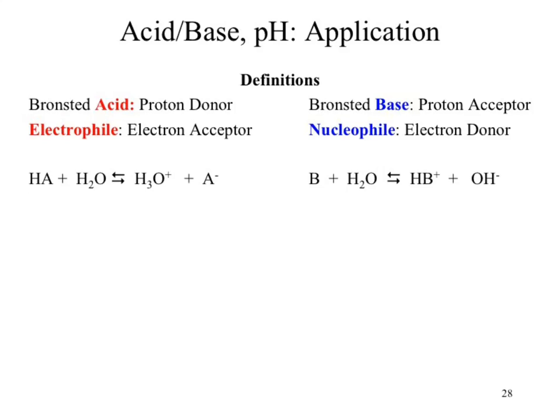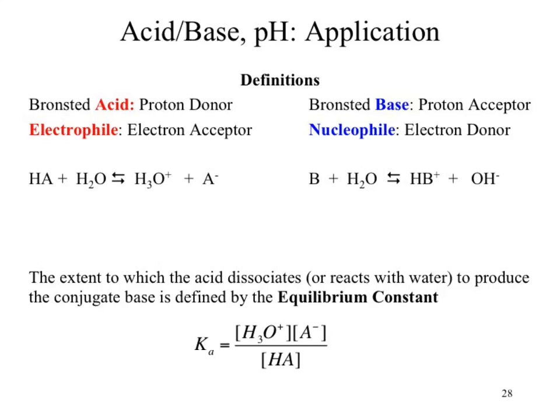So we got our definitions for our Bronsted-Lowrys. Nucleophile, electrophile, we can kind of ignore, at least at this point. When we start talking about the biochemical reactions, we'll come back to that. Within each of these, we could go through and look at these as Kas or Kbs. The A would stand for acid. The Kb would stand for base.